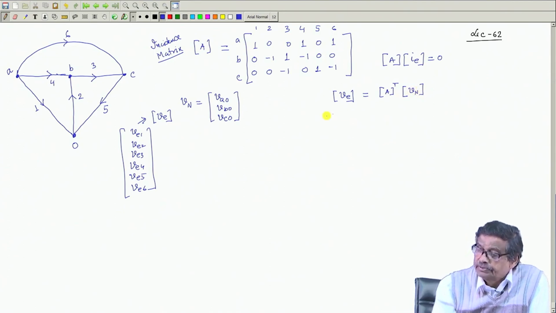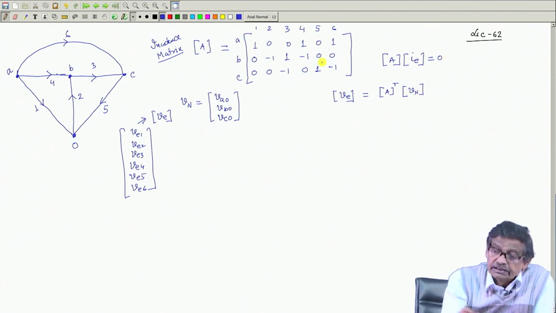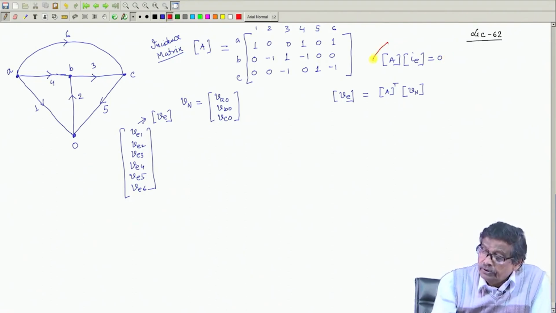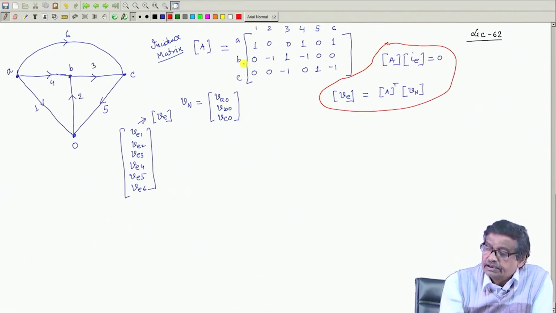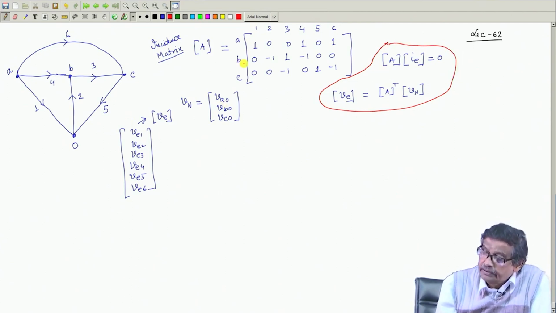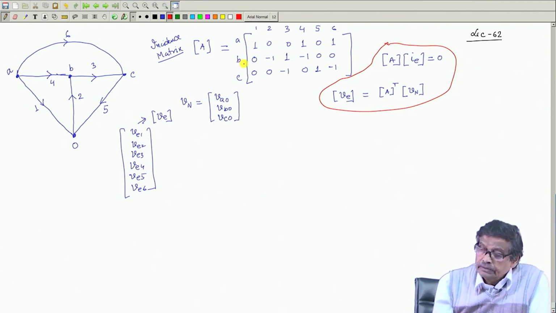That is what we have seen last time. So these are the 2 equations which involve the incidence matrix A.